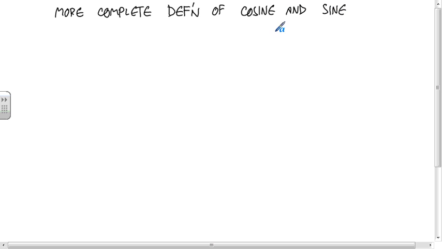So I'll call this a more complete definition of sine and cosine, compared to SOHCAHTOA. And this more complete definition comes from the unit circle.